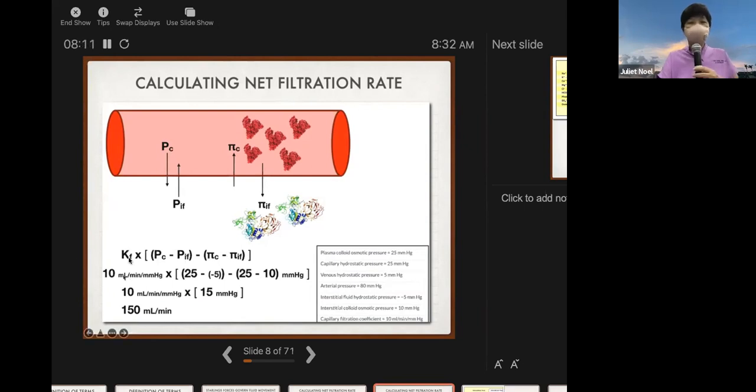The capillary filtration coefficient is 10. So 10 times the difference, which is 15, gives 150 ml per minute as the filtration rate.